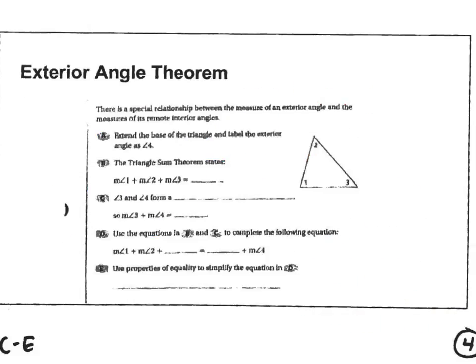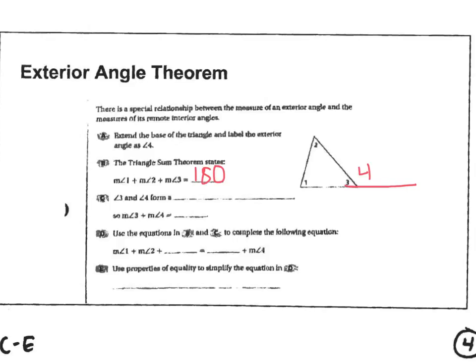So the exterior angle theorem has to do with angles outside of the triangle, as you can see at the top of the page with the different vocabulary. So this tells me to extend the base of the triangle and label the outside angle, angle 4. So I already know by the triangle sum theorem that the three inside angles have to add up to 180.